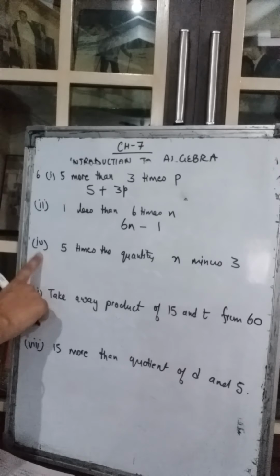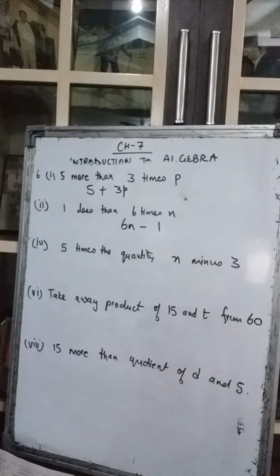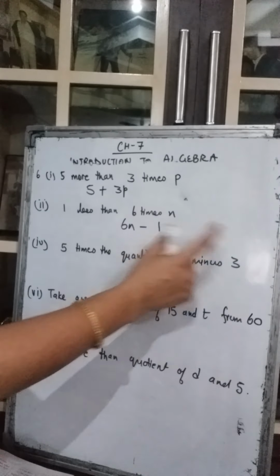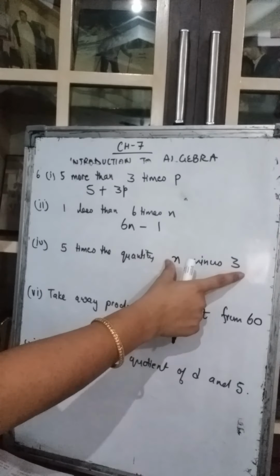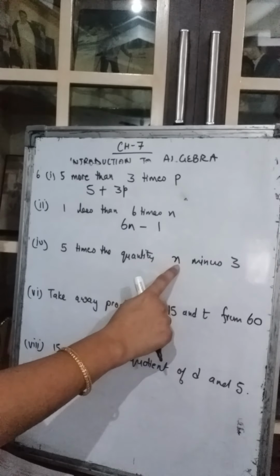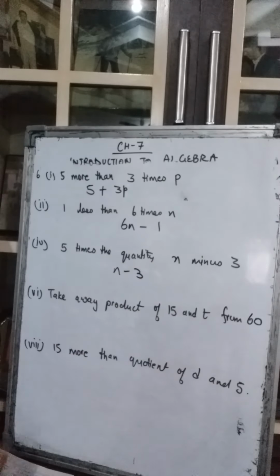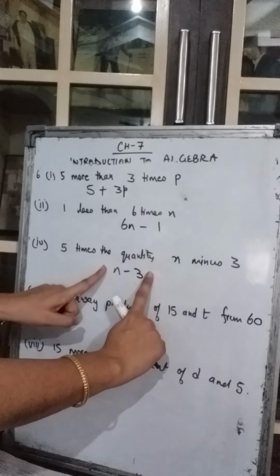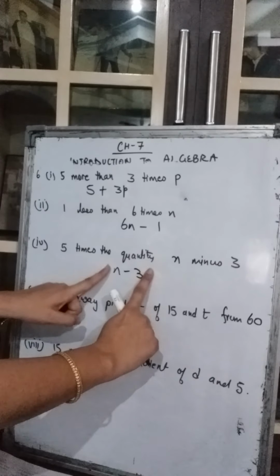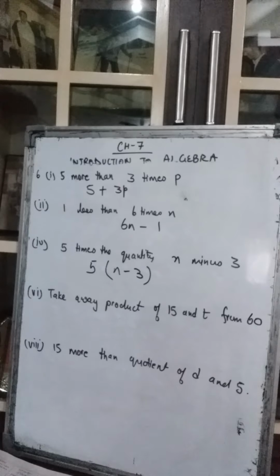Fourth part we will do. It says 5 times the quantity of n minus 3. That means whatever is given in the last, usually we calculate that first. So 5 times the quantity n minus 3. N minus 3 is what? N minus 3. And 5 times of this means you will write this in bracket and you will put 5 outside.